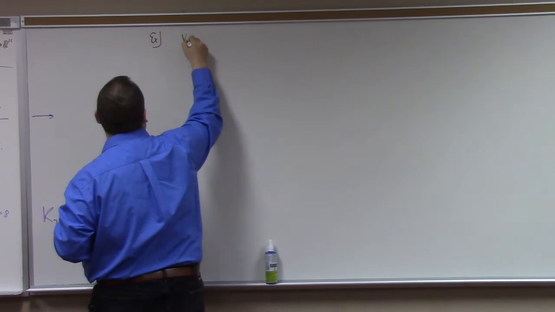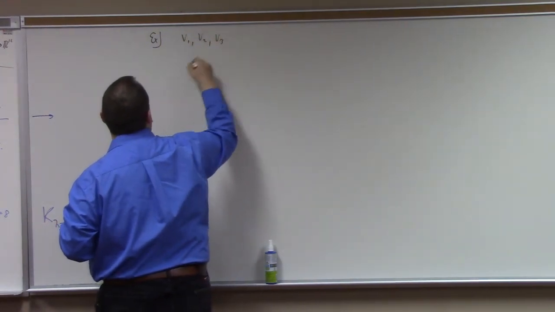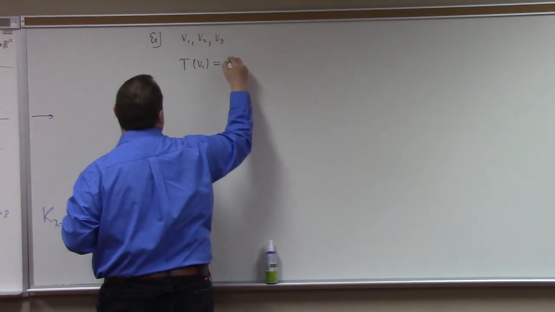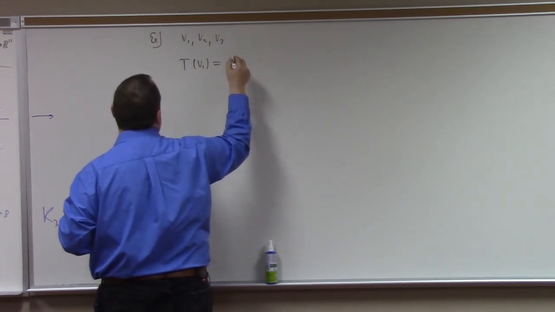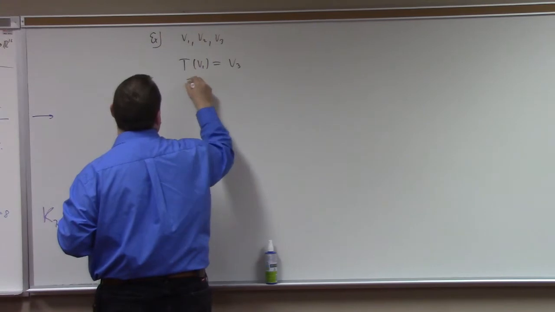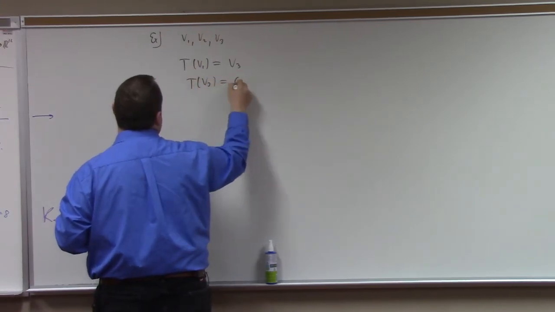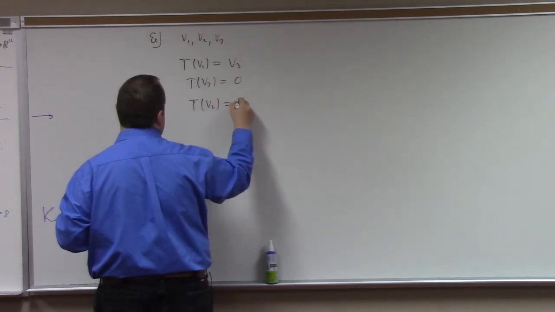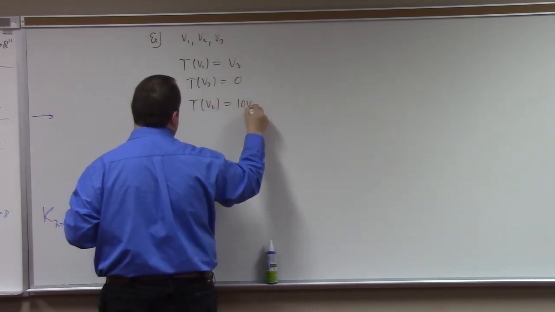Suppose I have V1, V2, V3, and I tell you that T of V1 equals V3, and T of V3 equals 0, and T of V2 is equal to 10 V2.